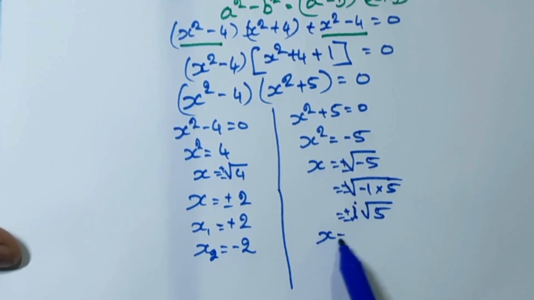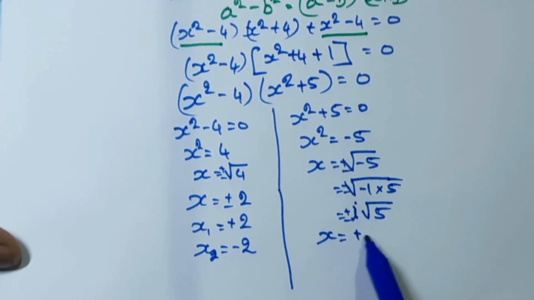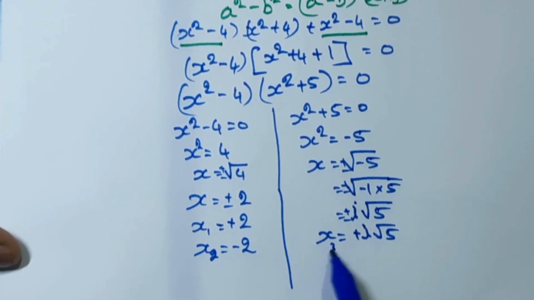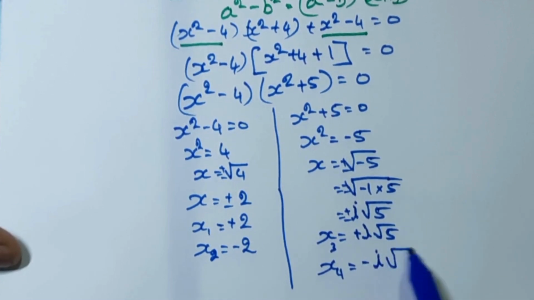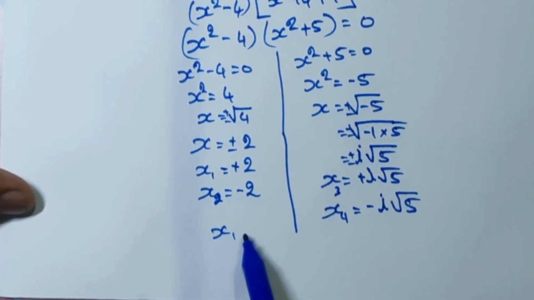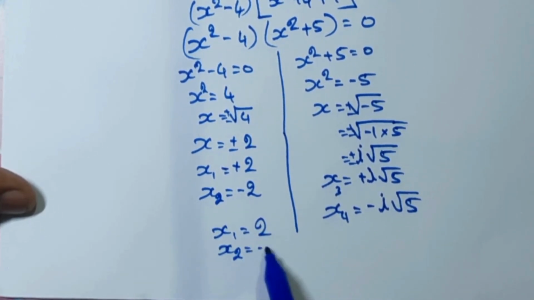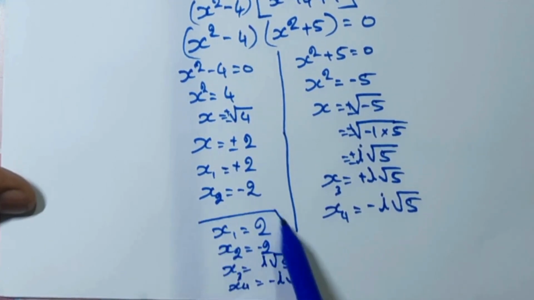So x equal to plus i square root of 5, x4 equal to minus i square root of 5. x1 equal to 2, x2 equal to minus 2, x3 equal to i square root of 5, x4 equal to minus i square root of 5. These are the answers.